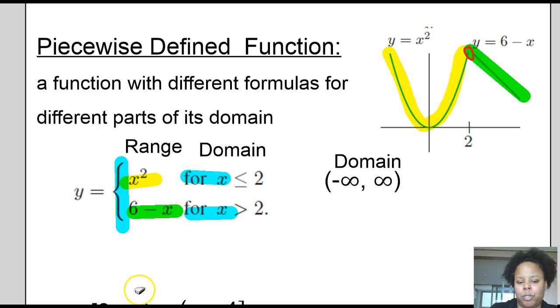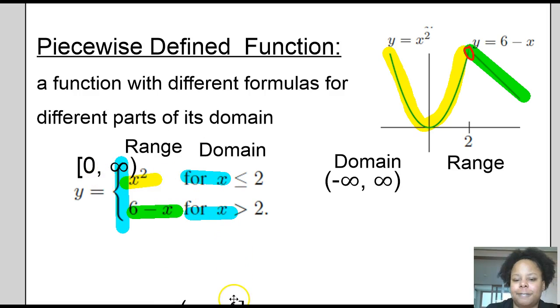But the range is a little bit tricky because, as we can see, for this particular function, y equals x squared is a quadratic, and all of its output values are greater than or equal to 0. So I can say, okay, the range of the quadratic is from 0 to positive infinity.